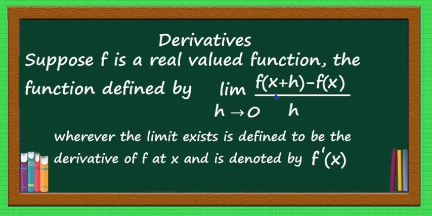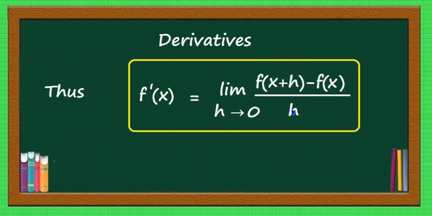Here x is a variable, and while finding the derivative we take it as a constant and find the limit of this function. And thus we will have f dash of x is equal to limit h tends to 0, f of x plus h minus f of x divided by h. And you remember this result.